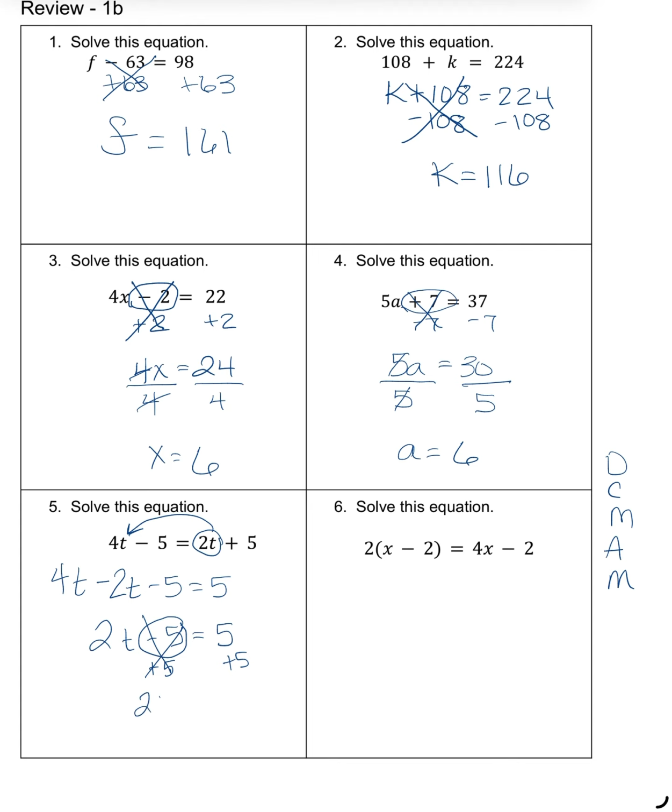So that's going to give us 2t equals 10. Then we need to cancel out that 2 times t. And to cancel out a 2 times t, we're going to divide. So remember, we're putting down here the number we want to get rid of. We want to get rid of a 2. And that's going to give us t equals 5.